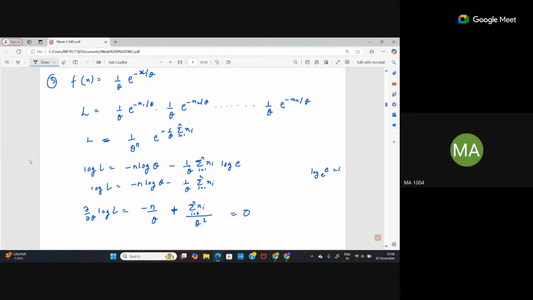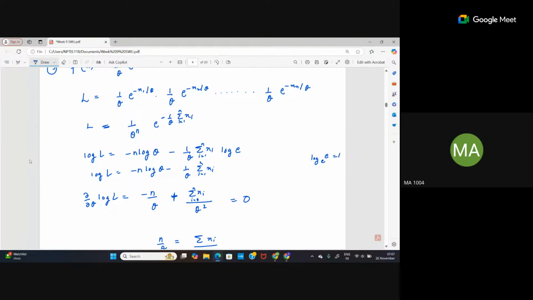Okay, so what we have done, we have taken log. See, this is in the denominator, like theta to the power n. Whenever we take log of something and the power comes before the log term, it will be n log theta. And this term is in the denominator, so the formula is log of m divided by n equals log m minus log n, right?